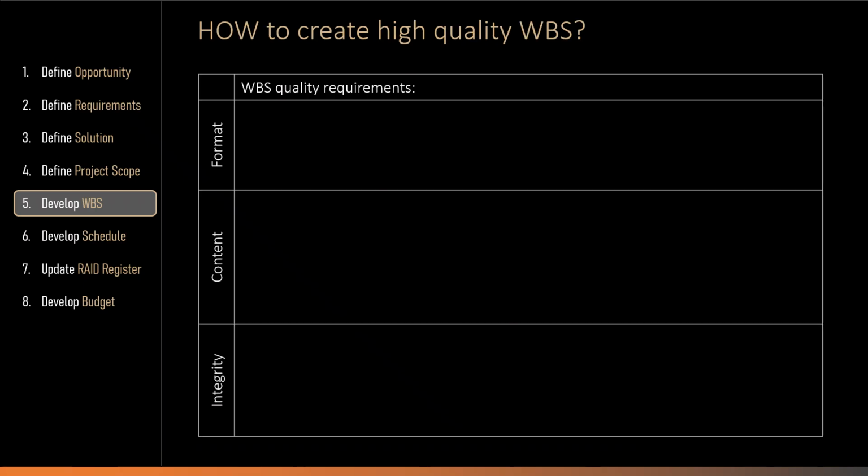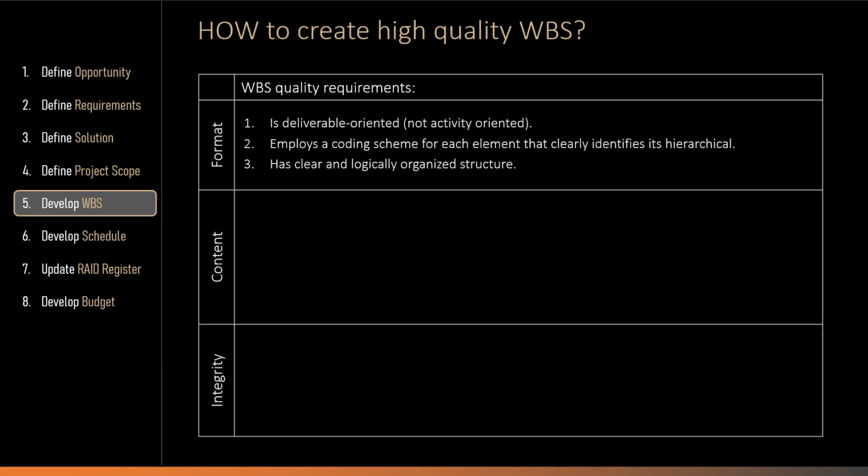If you want to create a high-quality WBS, here are some simple rules about work breakdown structure format, content, and information integrity. When it comes to WBS format, it shall be deliverable-oriented, not activity-oriented. It shall employ a coding scheme for each element that clearly identifies its hierarchical location, and it shall have a clear and logically organized structure.